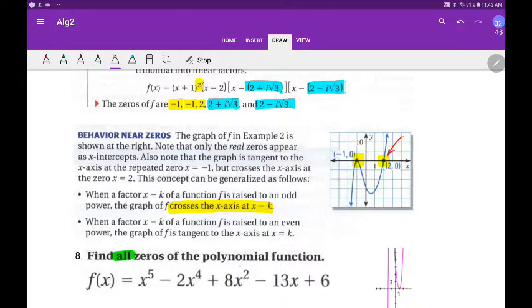Then they say it's tangent to the x-axis, and they're talking about right there. Okay, where it's tangent, or like I say, it kisses the x-axis, okay? All right, so however you look at that, that's great. So if it's even, x to the 4th, in our cases so far, x squared.